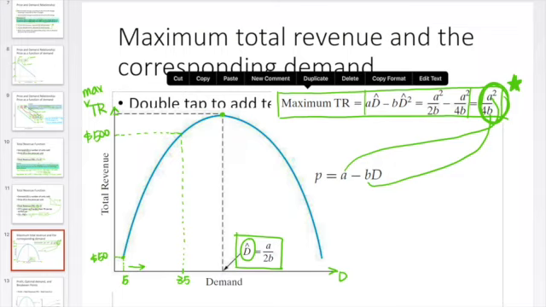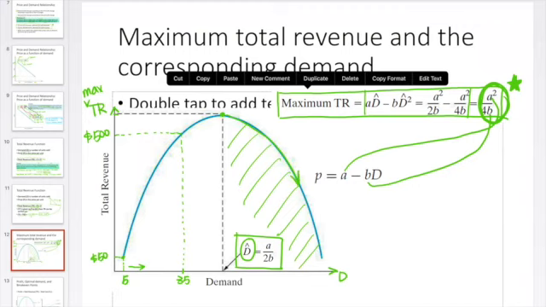Okay, and somebody might be interested in why, after the D hat in this area, whenever we sell more, our total revenue becomes smaller, not even higher, right?